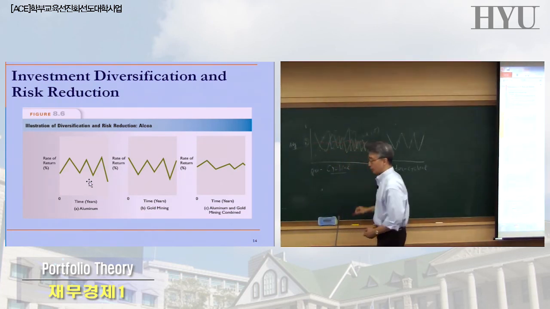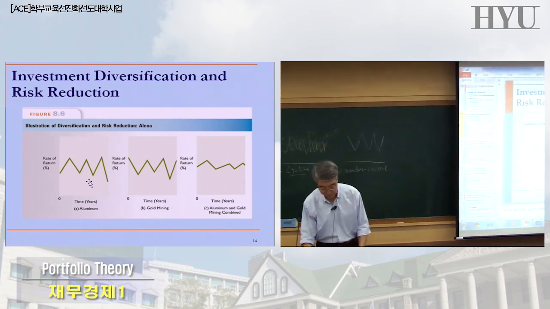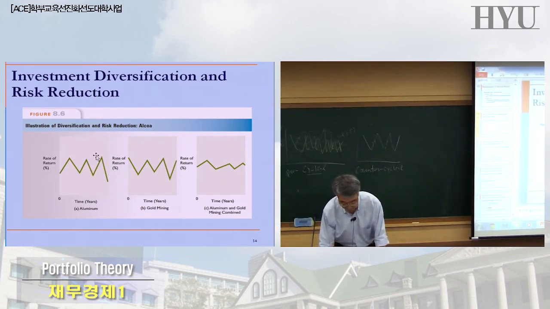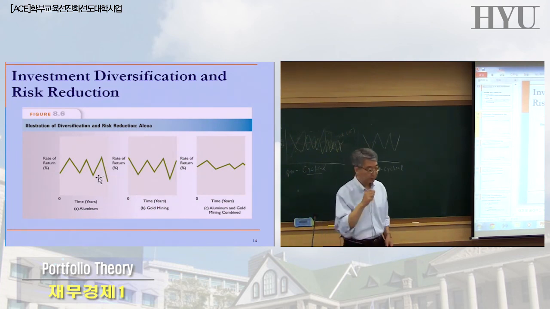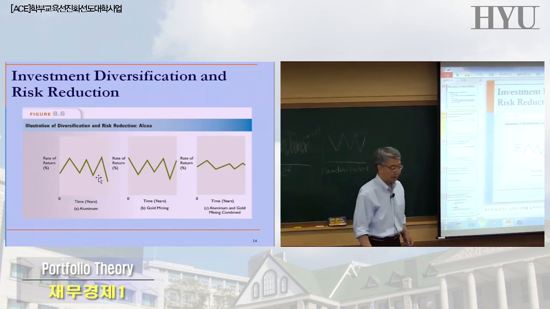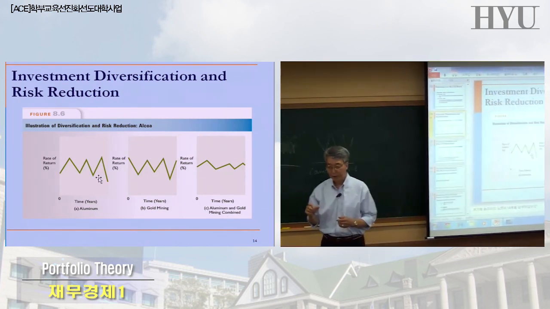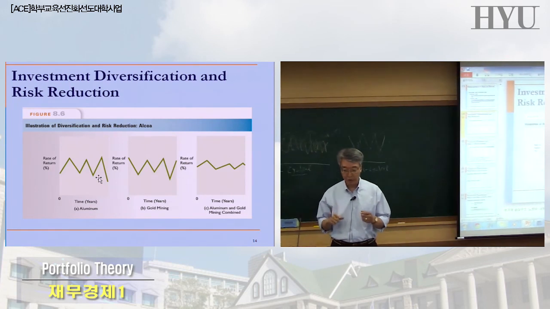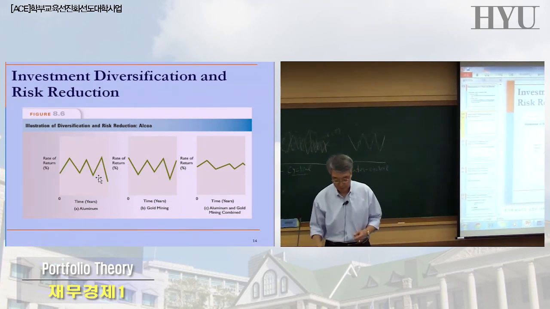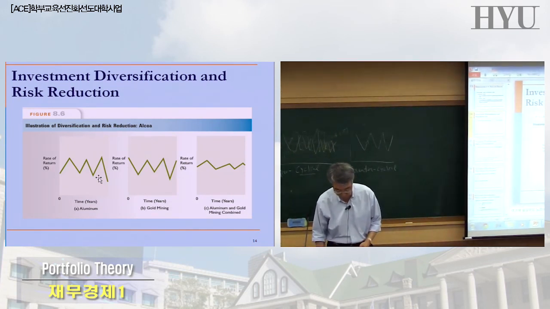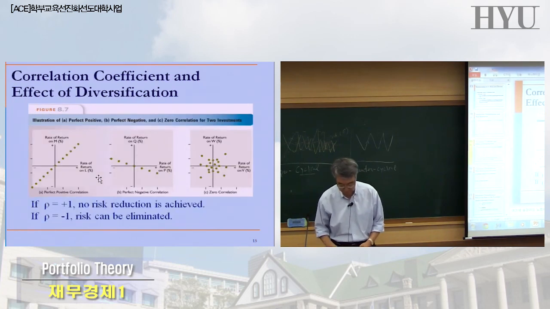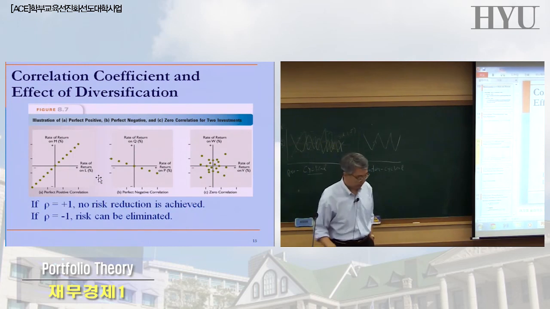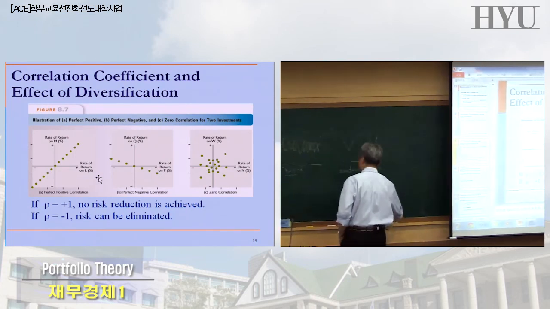That's the third graph here. That's the illustration of diversification and risk reduction. One thing you can take from here is that you have to find items that move in opposite directions. And that brings us to the next slide. That's the idea of correlation. We need to understand the concept of correlation.